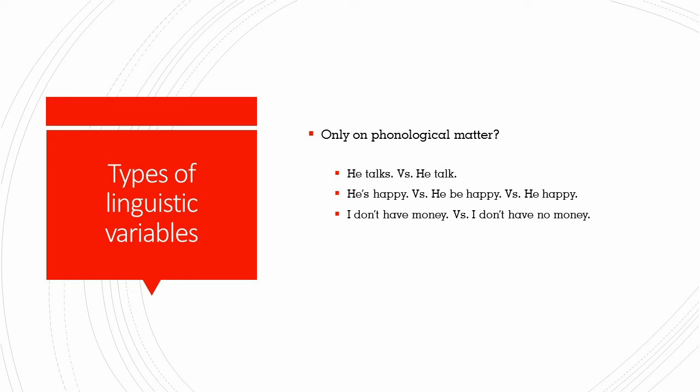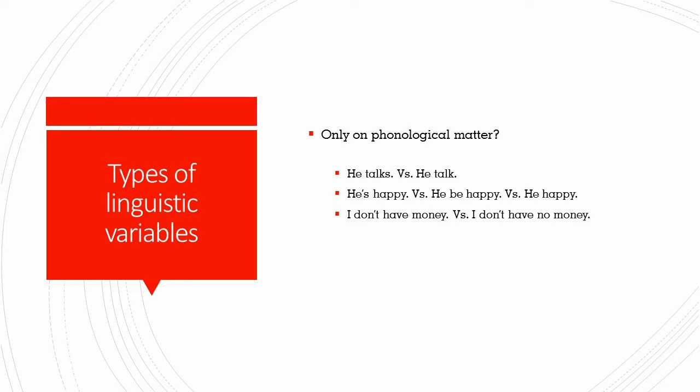The variable can be about variation in grammar, in intonation, or anything you are interested in. Phenomena like he talks versus he talk, or he is happy versus he be happy, or maybe he happy can be your linguistic variable.